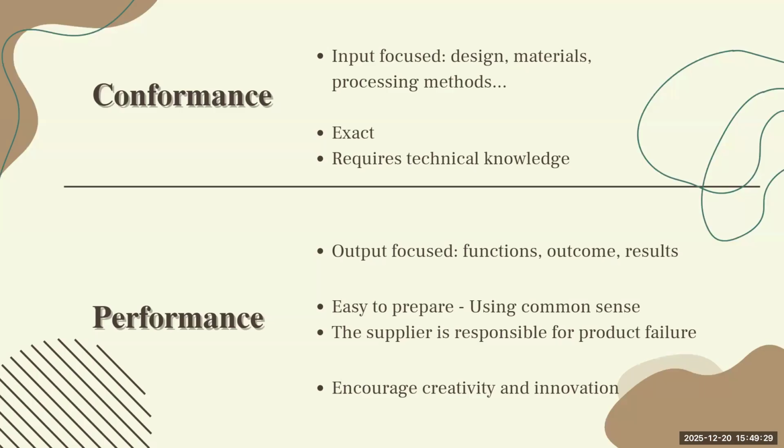Conformance spec may be good when you know exactly what you have. However, in other cases, conformance spec is not a good thing. When the product fails, but the supplier provided it according to the spec, then the liability lies with the buyer. So we cannot claim for damages from the supplier anymore. Therefore, we must be very careful to produce a conformance spec.